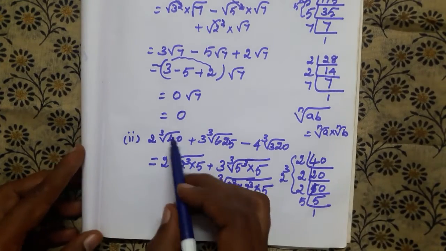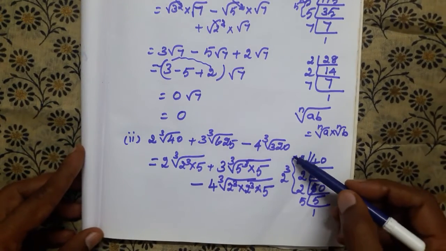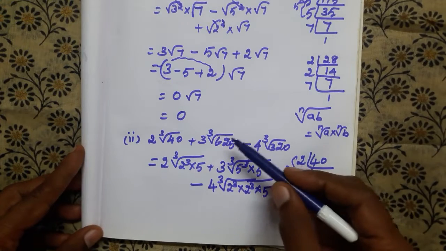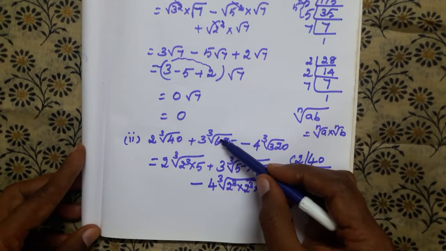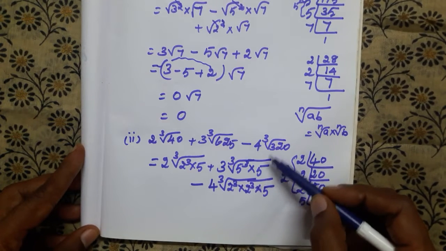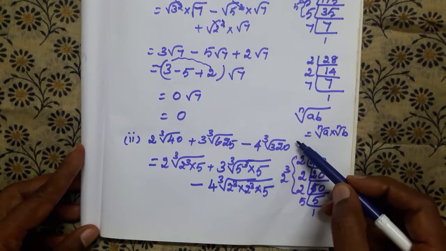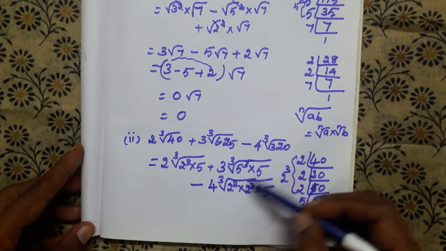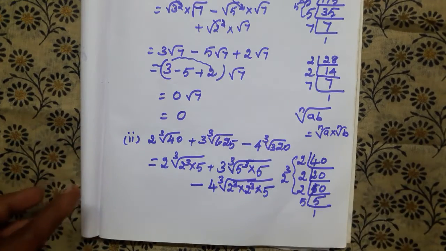When we are factorizing 40, it is 2 cube into 5. Factorizing 625, it is 5 cube into 5. Factorizing 320, it is 2 cube into 2 cube into 5.